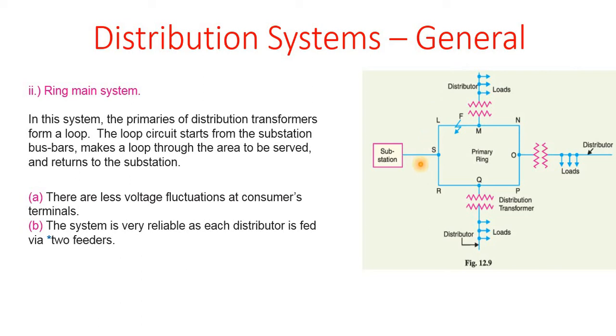These are the three distribution transformers, as you see, and their primaries are on the feeder which starts from the substation from point S, then goes to L, N, O, P, Q, R, and returns back to the same position S, making it a ring.